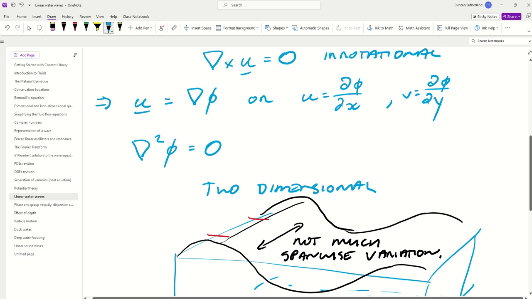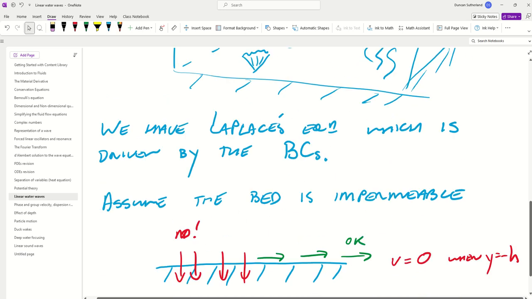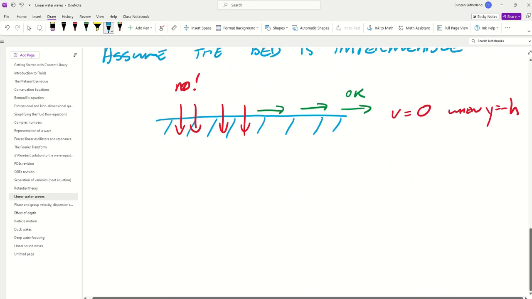Recall that we only have two components because it's two-dimensional now. So our v is d phi dy, right? So you can see the rate of change of phi with respect to the vertical coordinate is 0 at the bed. So that's our first boundary condition.